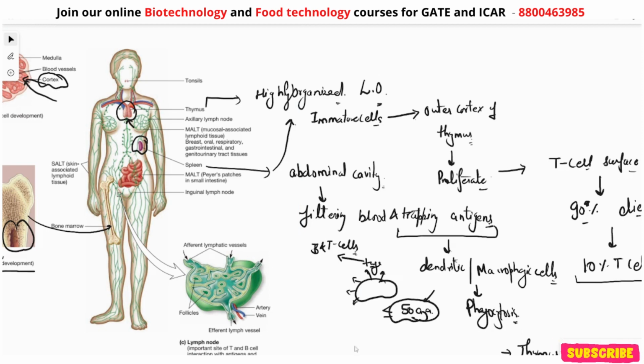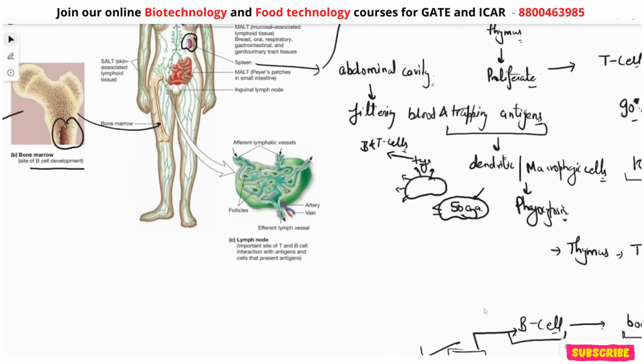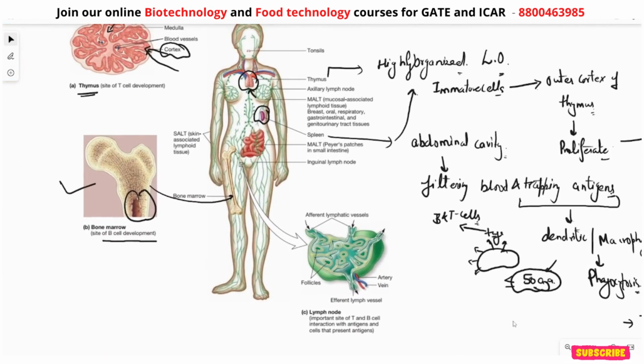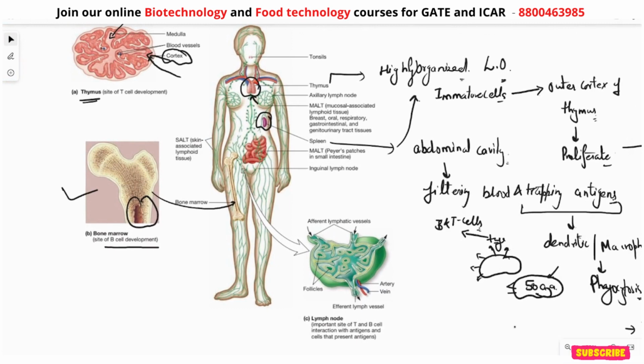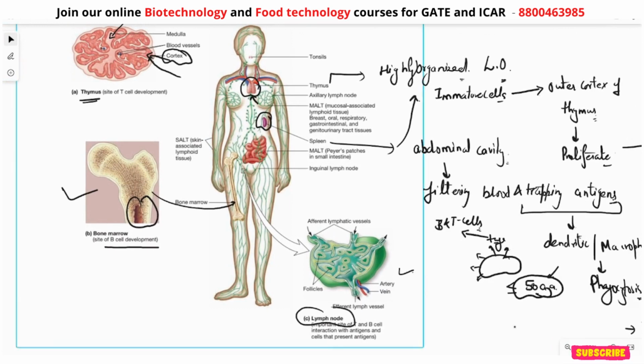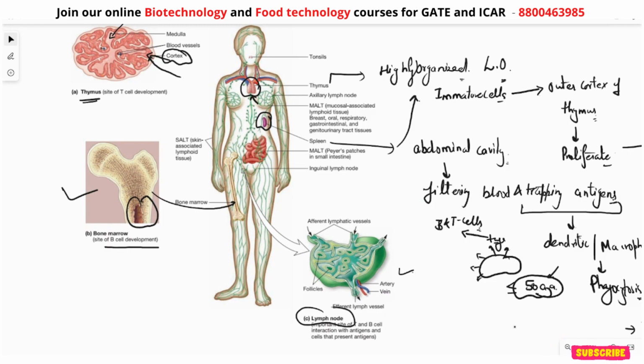So this is about the spleen organ. Another secondary lymphoid organ is your lymph nodes. This is the image of a lymph node, and it is present along the lymphatic vessels.